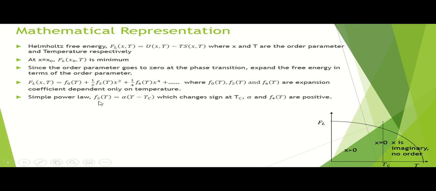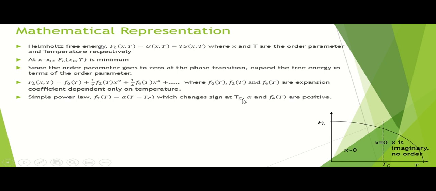We can say not only density, but all the thermodynamic quantities which depend on the density will also have this kind of complicated dependence on the temperature. But if you go slightly away from the phase transition point, we can assume a simpler dependence, like this linear dependence.